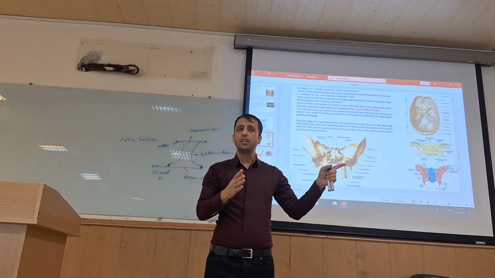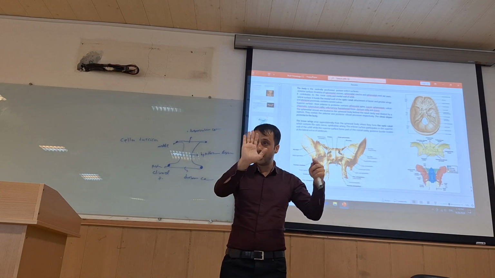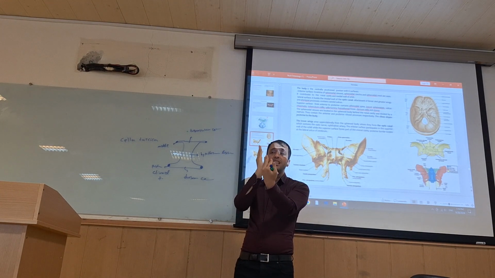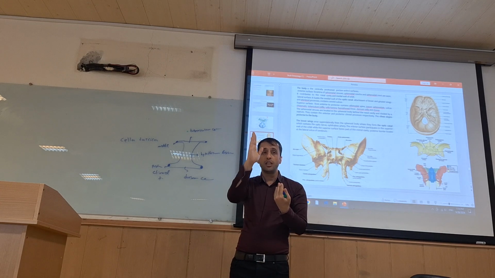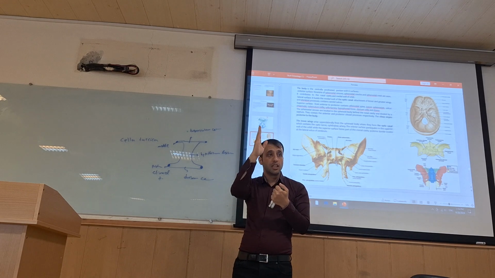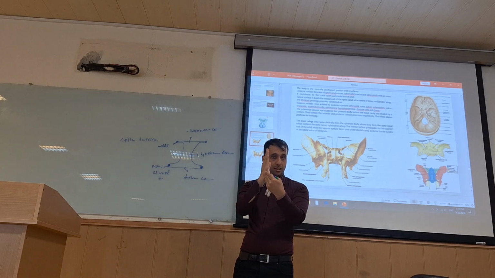The sphenoidal crest connects to which part of the ethmoid? Look at here, it is anterior. Anterior to the sphenoid we have the ethmoid. In the midline we have the sphenoidal crest. In the midline of the ethmoid we have the perpendicular plate, yes.